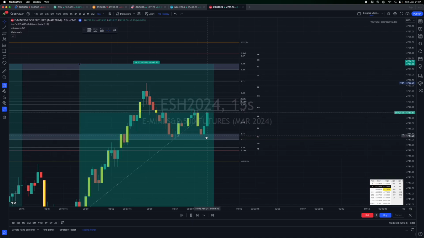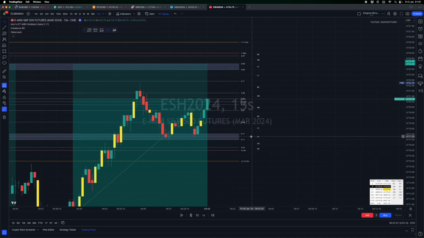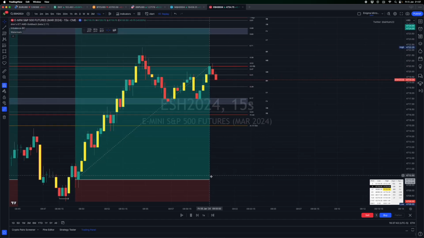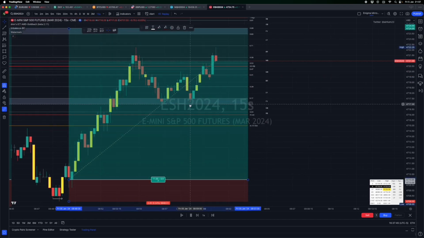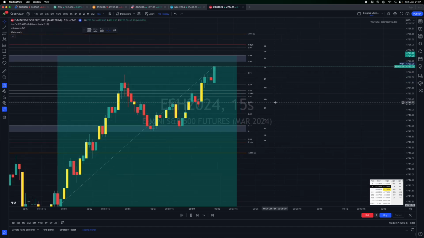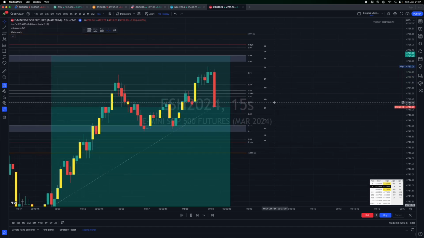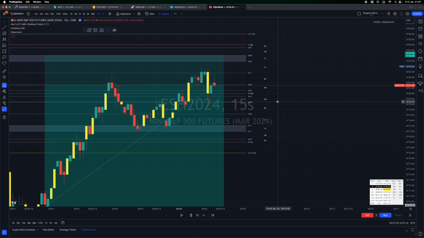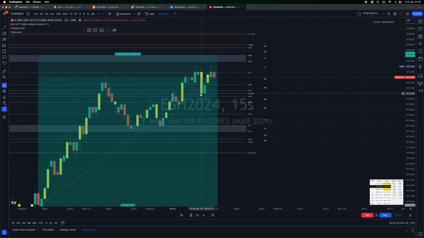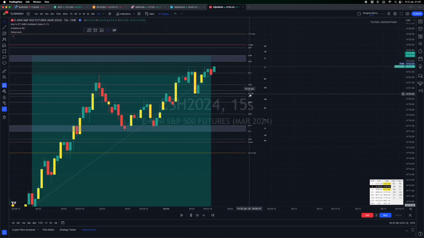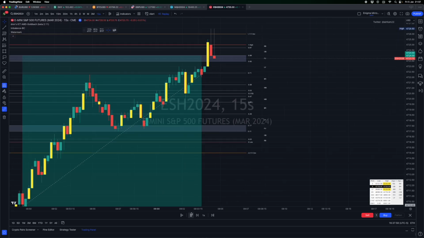This will not be violated. We can move our stop to here. Creating some liquidity. Respecting EQ. There we go. We've now terminated the trade.